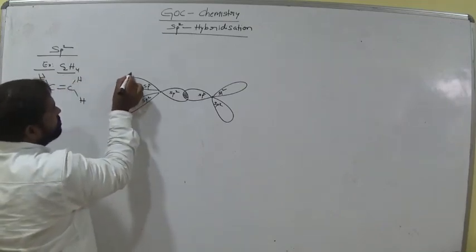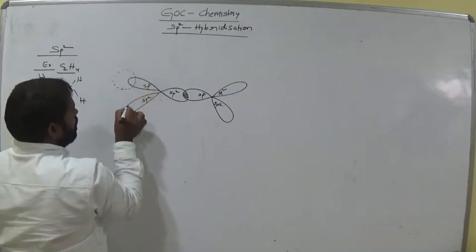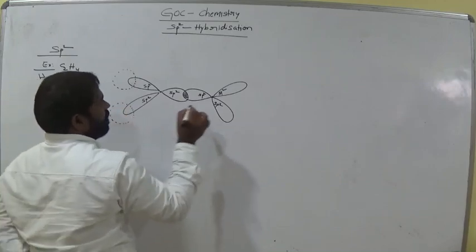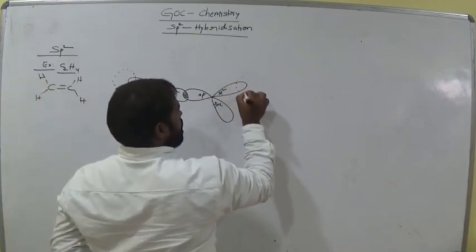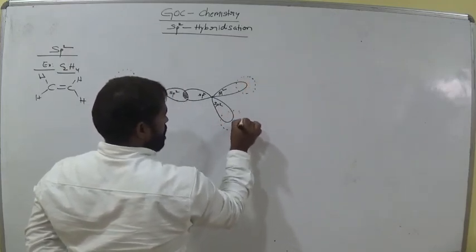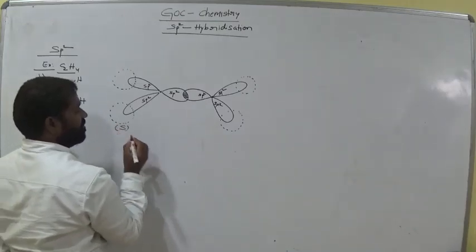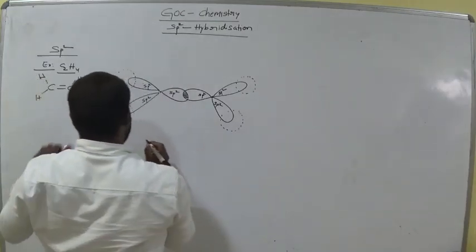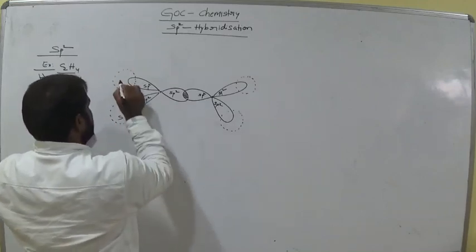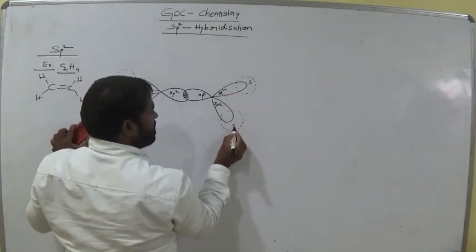Now this is the 1s orbital of hydrogen. Which orbital is it? S orbital. This is the s orbital of hydrogen, and this is the s orbital of hydrogen.